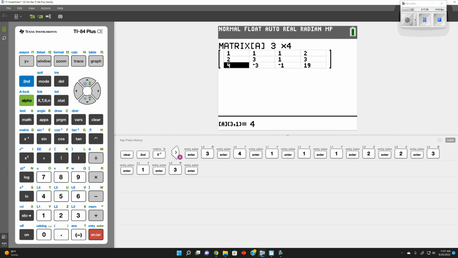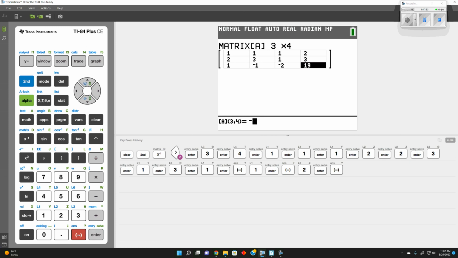So 1, enter, 1, enter, 1, enter, 2, enter. Now it went back to the next row. So then you keep going with that. So it'd be 2, 3, 1, 3. And the last one, 1, enter, negative 1, enter, negative 2, enter, negative 6.